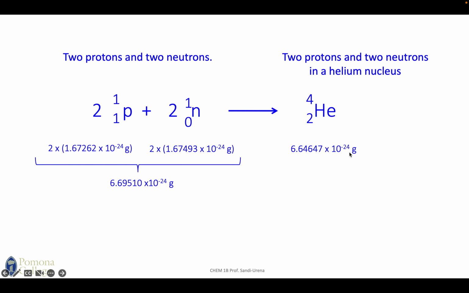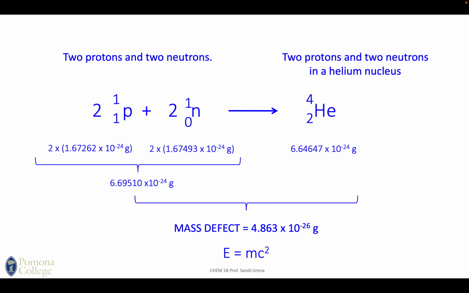All of these values are extremely small, evidently. We get that there is a loss of mass. Those masses are not the same. That difference, we call the mass defect, the loss of mass. So there's a change in the mass, which is something that intuitively we would not have expected.